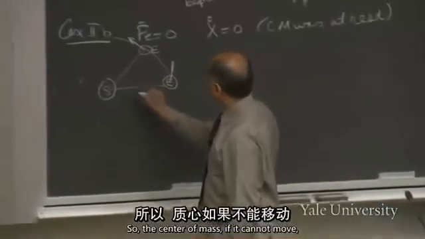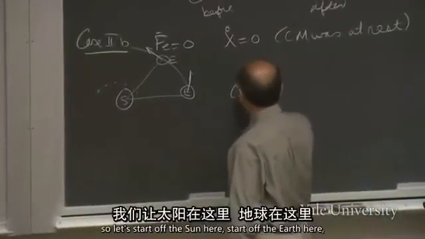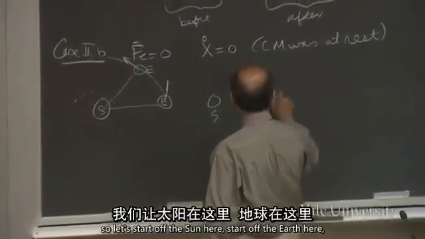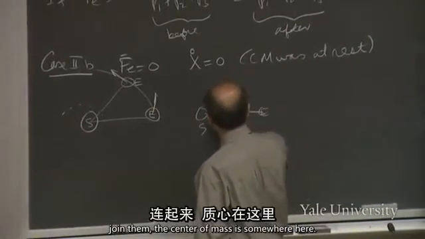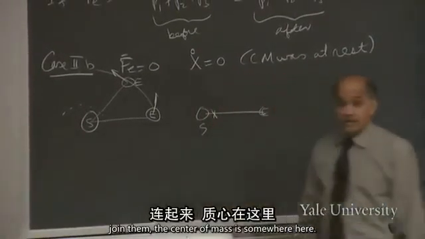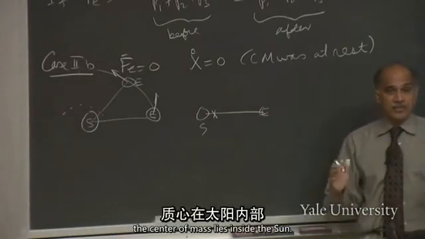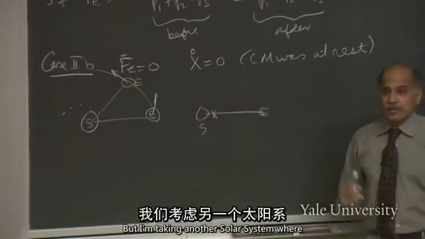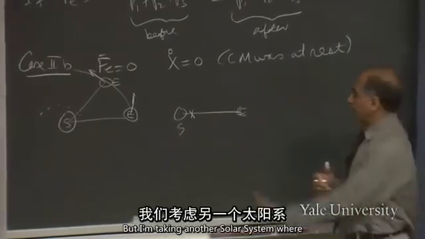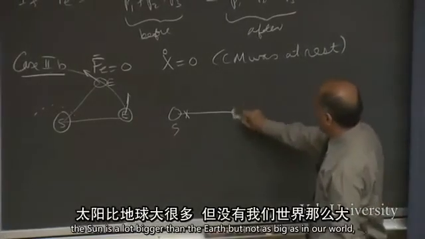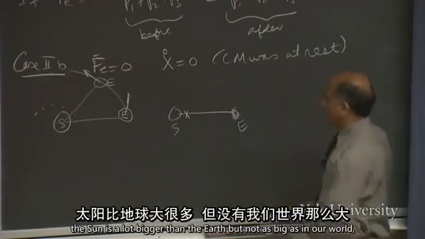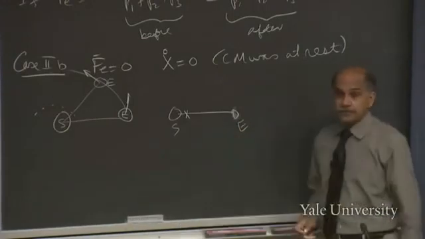So the center of mass cannot move. Let's start off the sun here, start off the earth here, join them. The center of mass is somewhere here. Actually, the sun is so much more massive than the earth, the center of mass lies inside the sun. But I'm taking another solar system where the sun is a lot bigger than the earth, but not as big as in our world, so I can show the center of mass here.